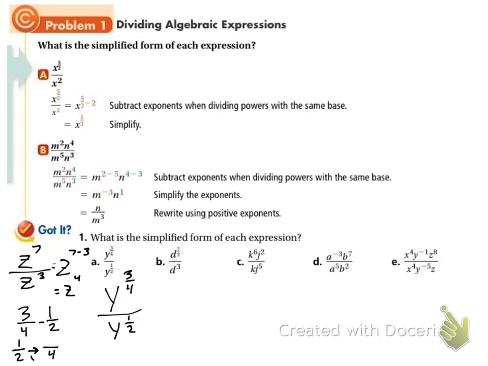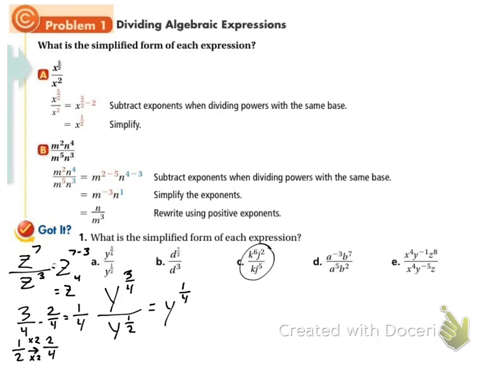To get from 2 to 4, I need to times by 2. So on the top, I also need to times by 2. So I get 2 over 4. So instead of 1/2, I can write this as 2 over 4. 3/4 minus 2/4, that's just 1/4. So this is equal to y to the 1/4.